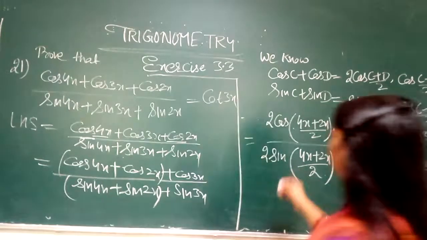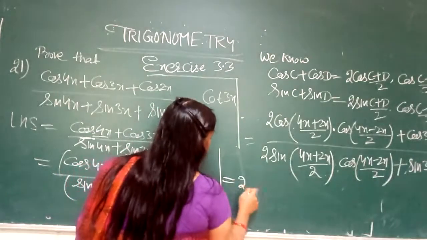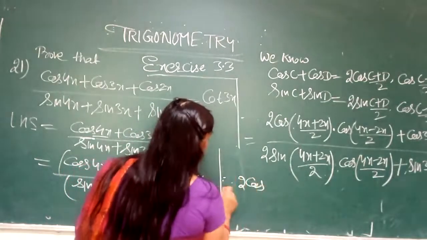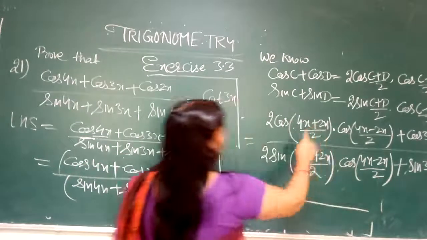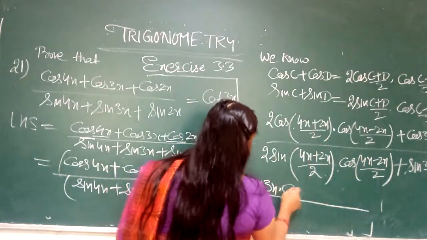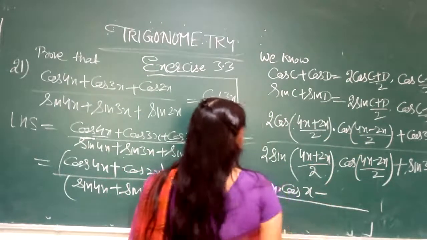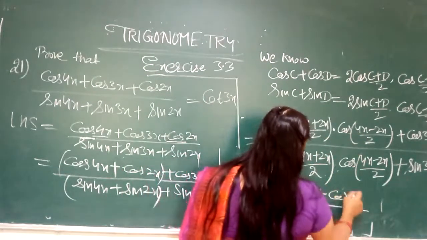After that, what will come here? Solve it. It will come 2 cos 6x upon 2, that is 3x, into cos 2x upon 2, that is x, plus cos 3x.